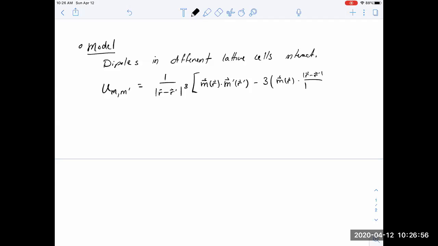Now this is the unit vector, so that's in parentheses. And I do that for both M and M prime. There you go. So that's the interaction energy between two dipoles.